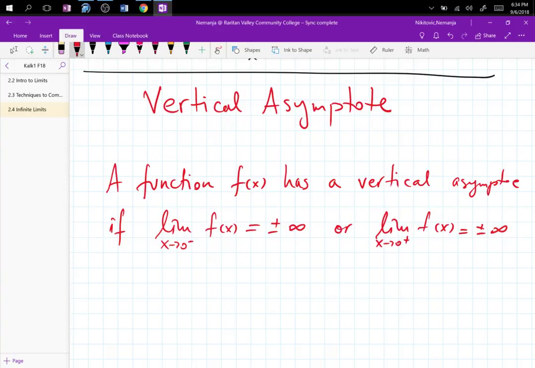So if either of the two one-sided limits is infinite, you have a vertical asymptote.